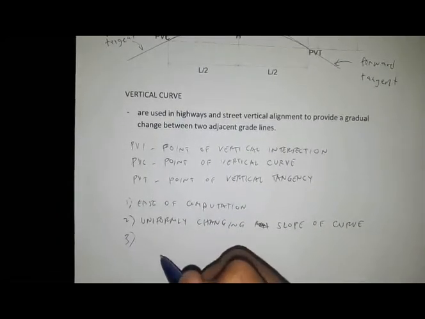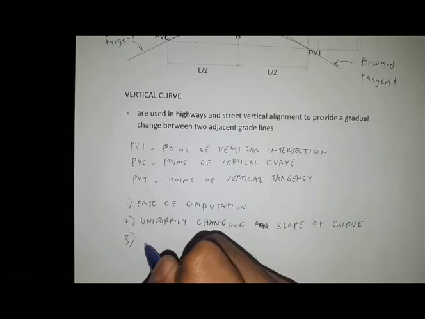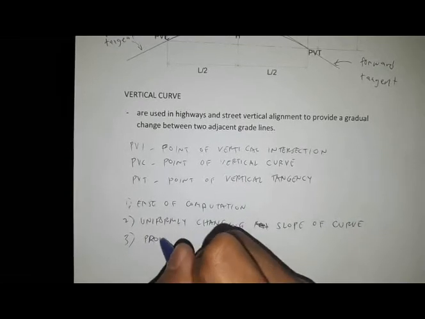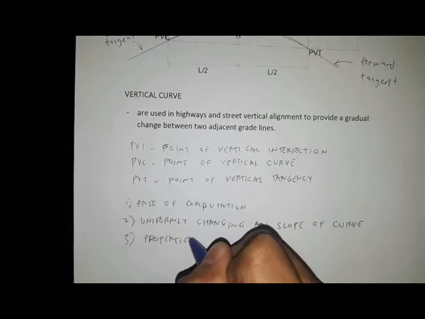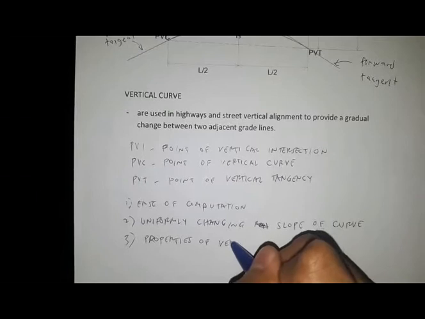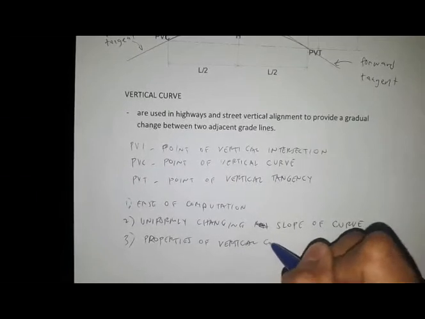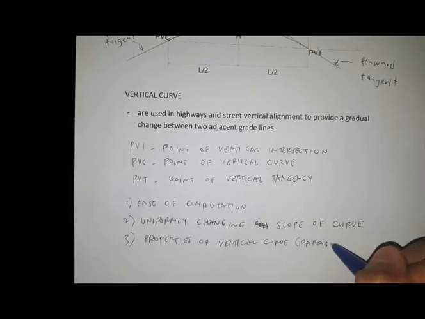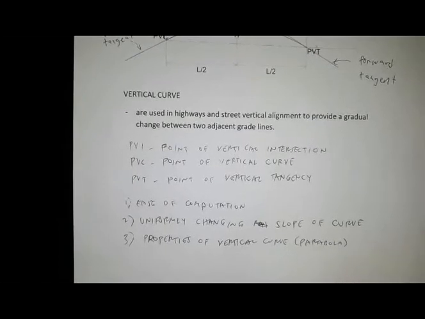Number three, we have the properties of the vertical curve, or the parabola, which are the following.